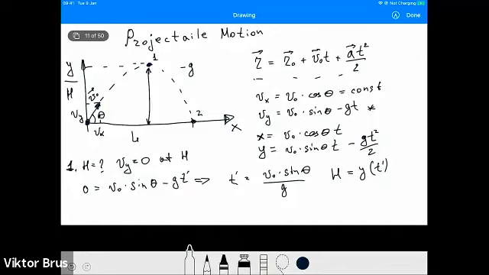So there is a question: is it better to use this equation, which allows us to eliminate time? Yeah, you can go for this approach.